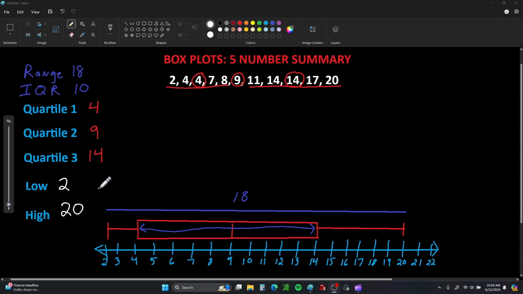When we have a number set that is divided evenly into 4 sections, each one of those sections contains 25% of the numbers. So 25% is here, 25% is here, here, and finally here.